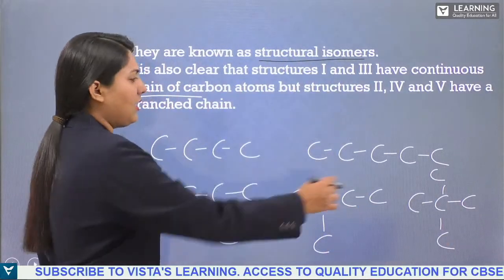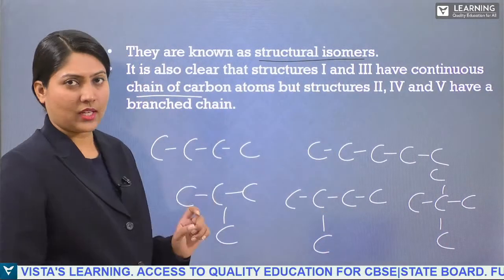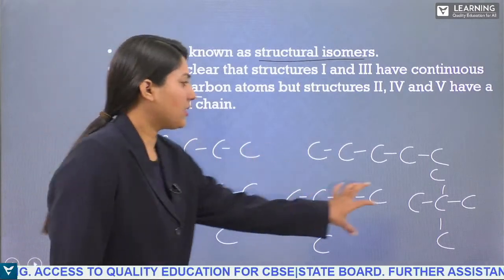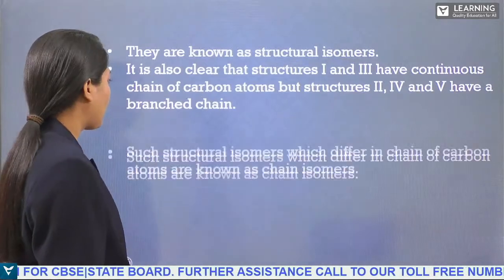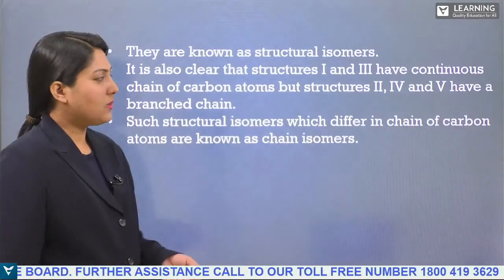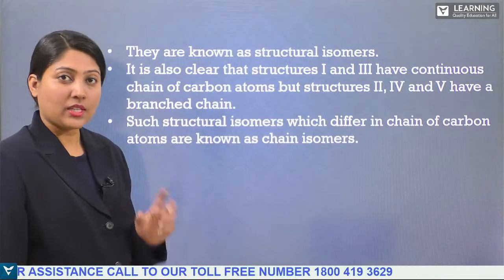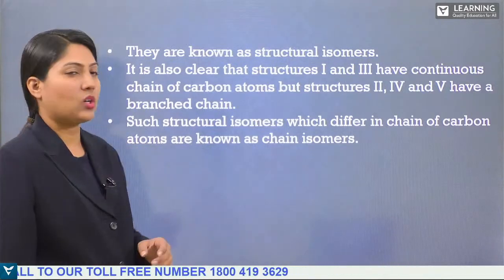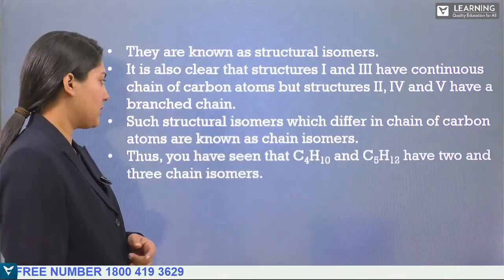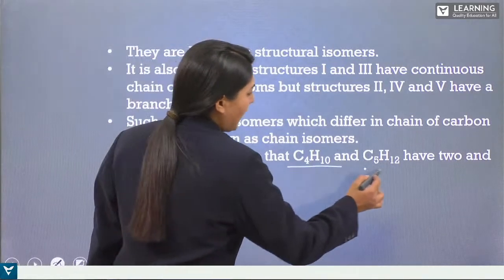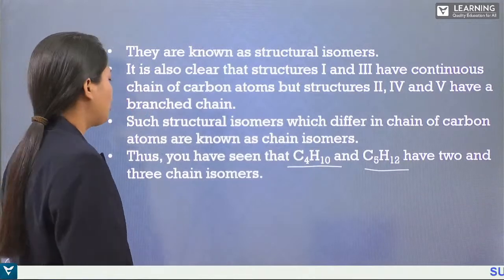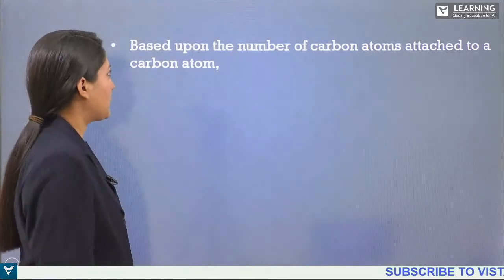So these 3 are branched chain structures. This is for butane, these 2 are for pentane. Such structural isomers which differ in the chain of carbon atoms are called chain isomers. Thus we can see that butane and pentane have 2 and 3 chain isomers.